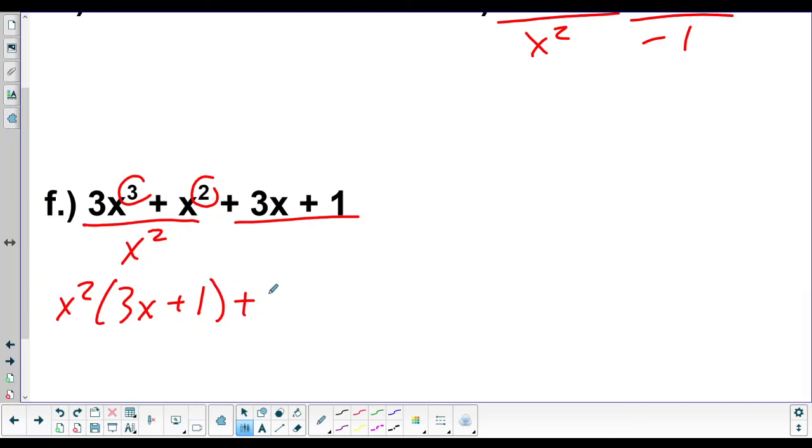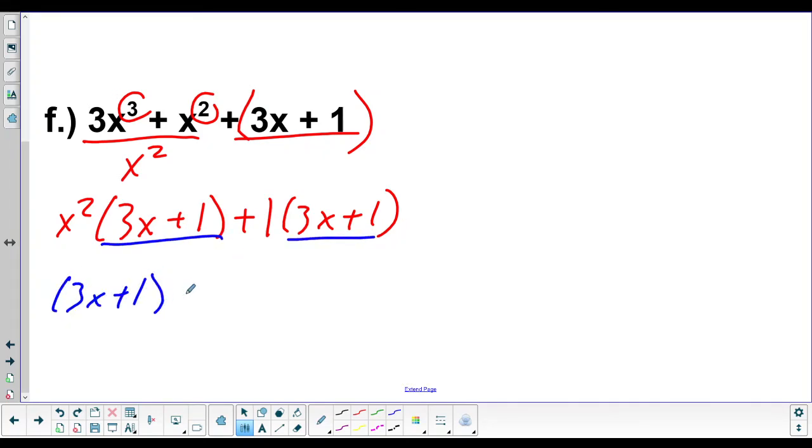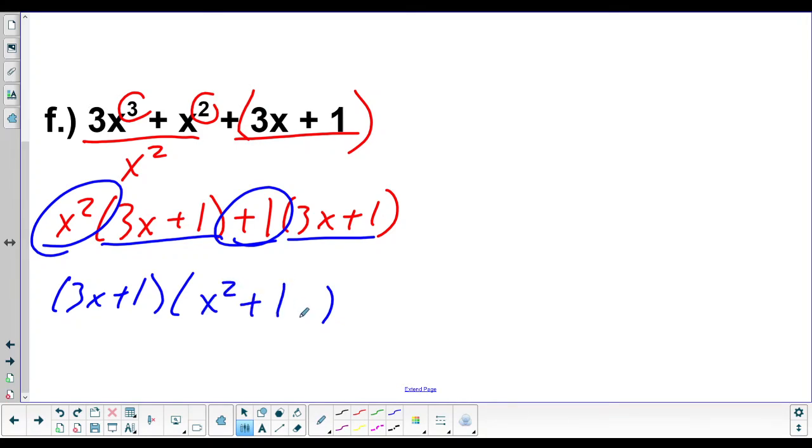So we're going to put plus 1 and then put this in parentheses. Now, we take out the thing that's in common, the 3x plus 1, and then we write their coefficients or the remainders together in their own set of parentheses. And that's factoring by grouping.